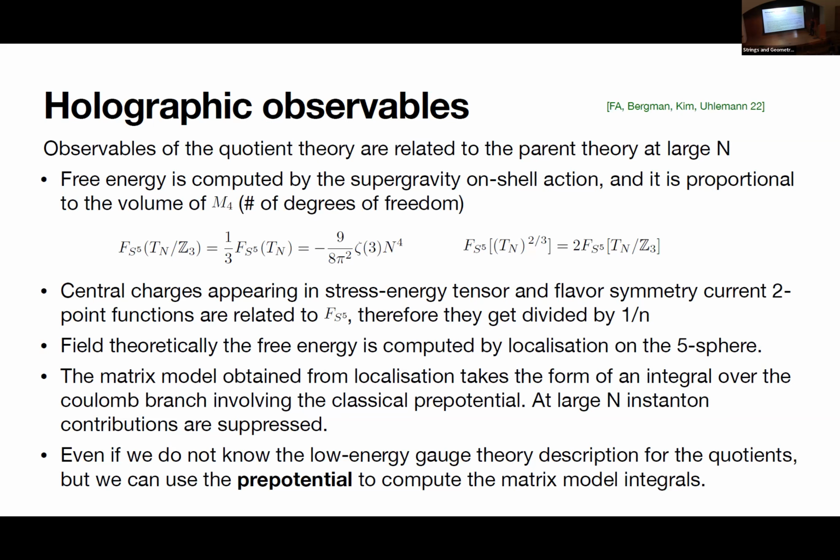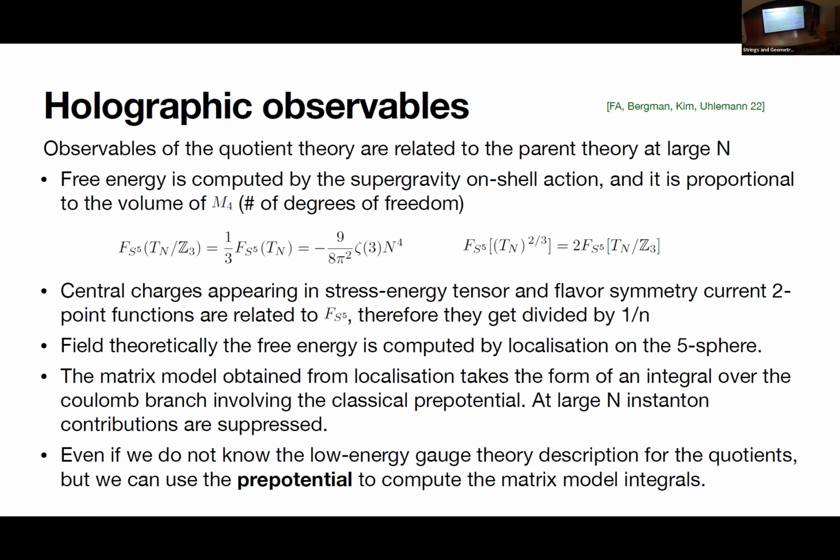So F5, this is the free energy. This is the free energy on S5, because in the dual quantum field theory, or the dual CFT, what you do is you compute the 5-sphere partition function, and the leading order contribution of that will go like N to the 4 in this case.